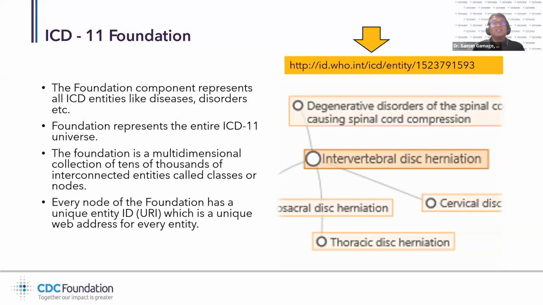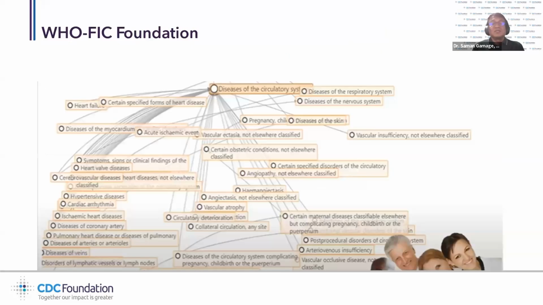As you all can see on this slide, there is a web address or URI, Uniform Resource Identifier. So this is a URI or unique identity for a specific node within the foundation of ICD-11. A node can have multiple child and parent nodes. So it's a complex, intricate network of conditions.